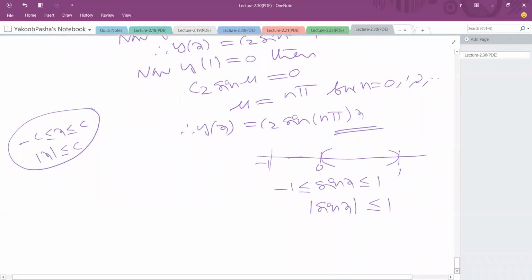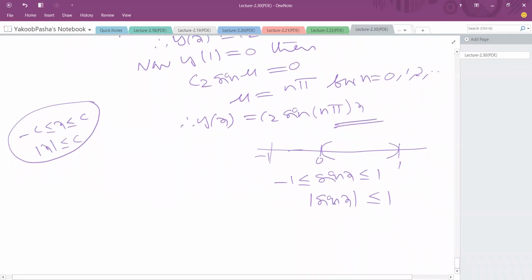Sine takes only positive values here, not 0, so 0 is less than sin x is less than or equal to 1.